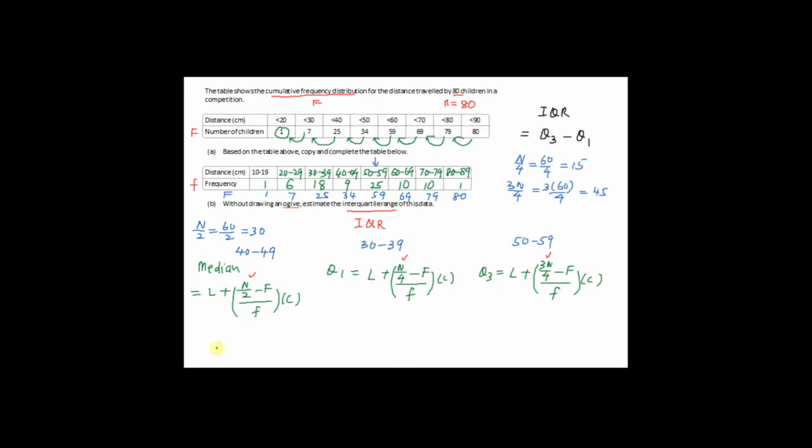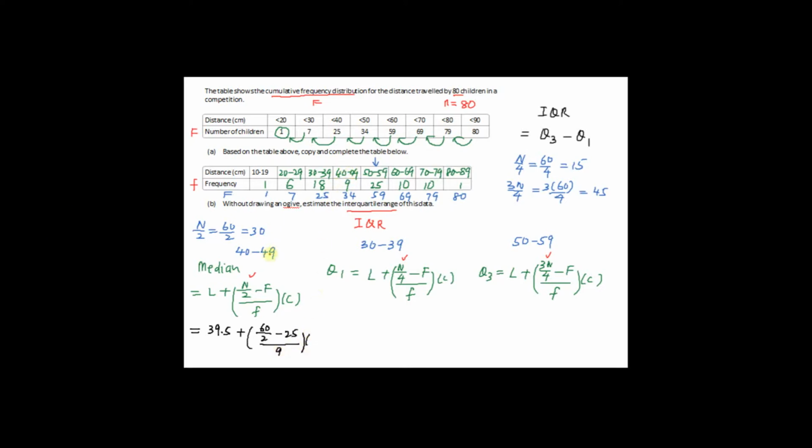To calculate the median, we have the lower boundary of the median class, which is 39.5, plus N, the number of observations, which is 60, divided by 2, minus the cumulative frequency before the median class. The median class is 40 to 49, and the cumulative frequency before should be 25, divided by the frequency of the median class, which is 9, times the class size.